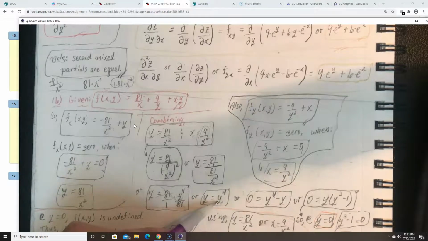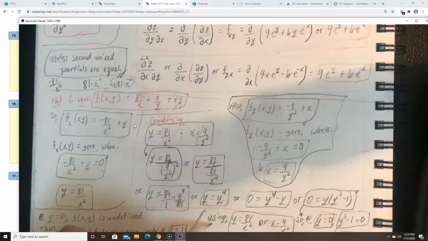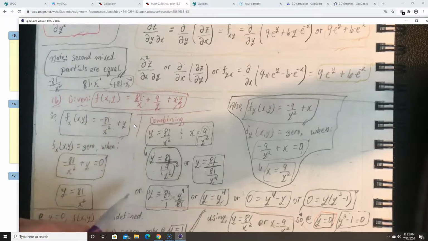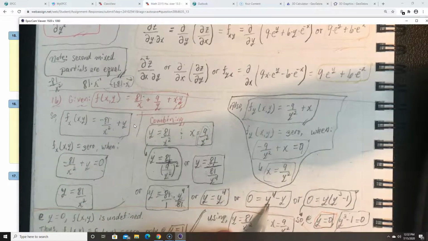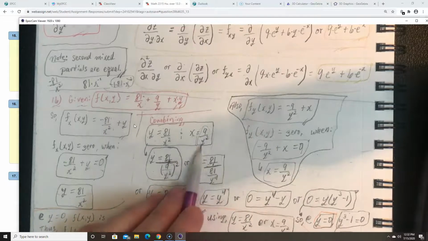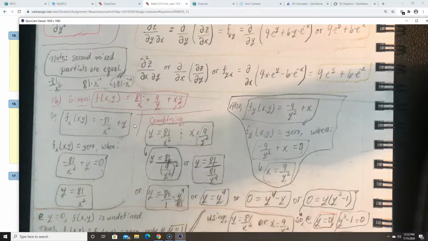Now, I move this y over to the other side because we're trying to get the y values where both of these partial derivatives equal 0. Once we know the y values, we can plug it right in here, and that'll give us the x value of that xy coordinate point. So if you move the y over, it becomes subtract y. We get y to the 4th minus y equal to 0.